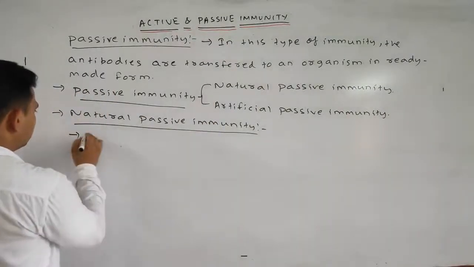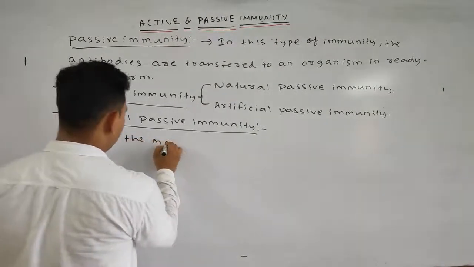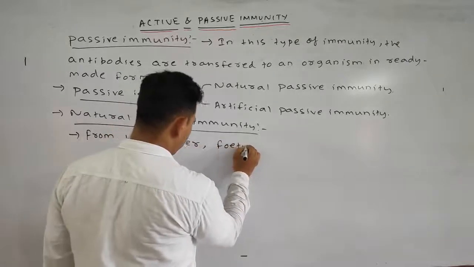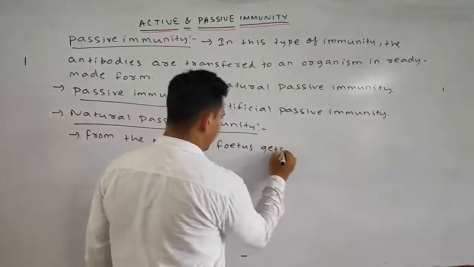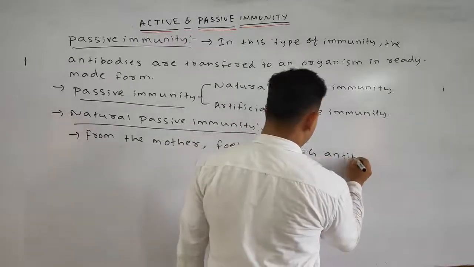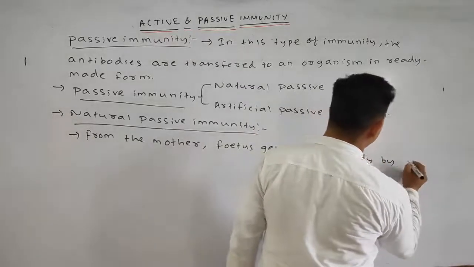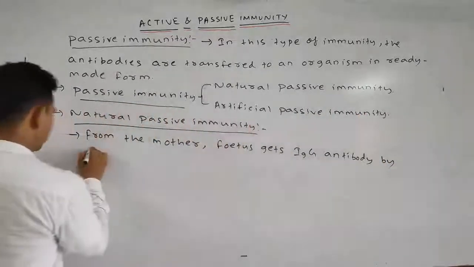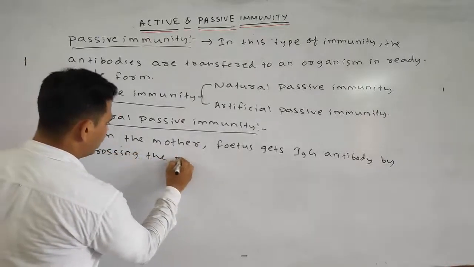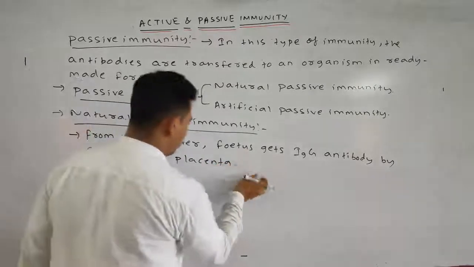Simply we can write: from the mother, the fetus gets IgG antibody by crossing the placenta barrier.